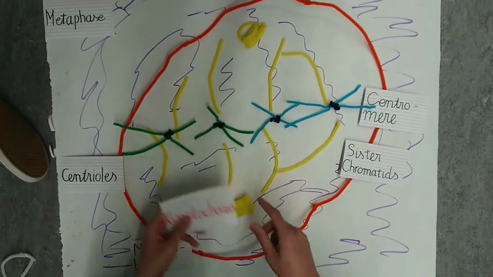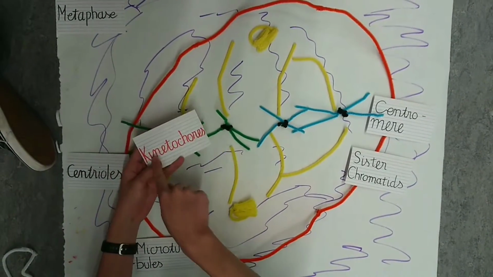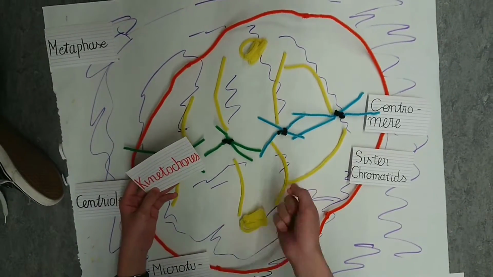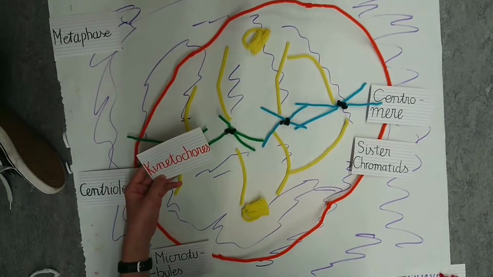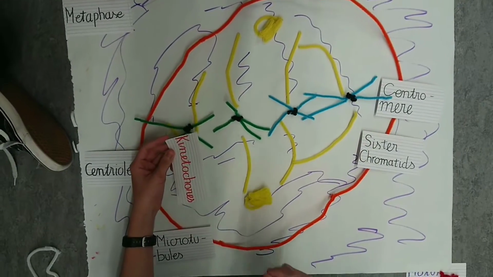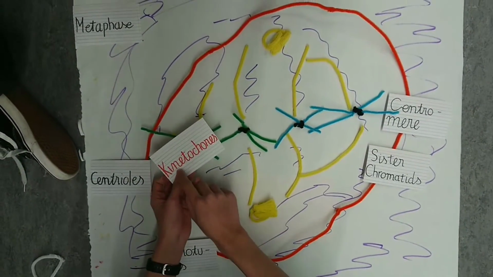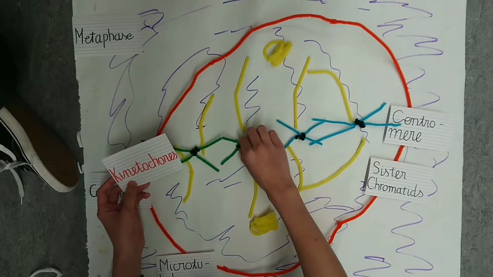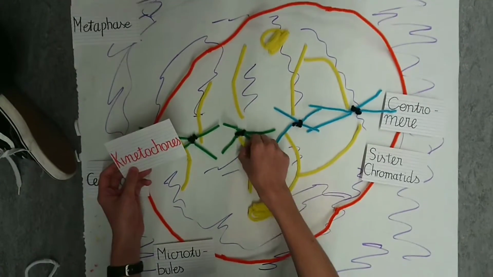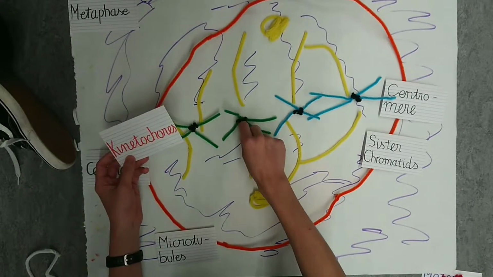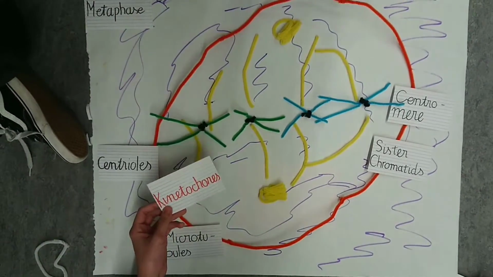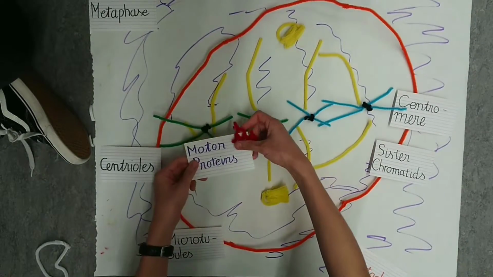At this phase, this black thing right here is called the kinetochores. It's called kinetochores, which is the part that's sticky to the microtubule, and it helps send signals using the motor protein.